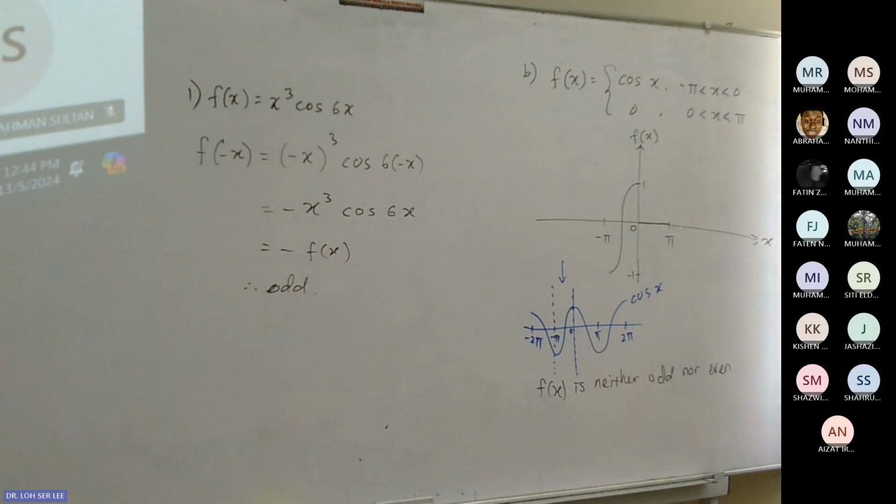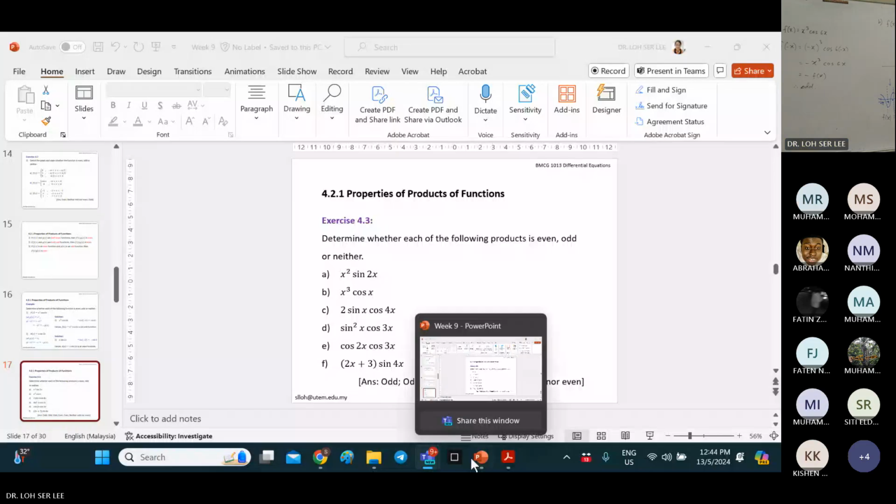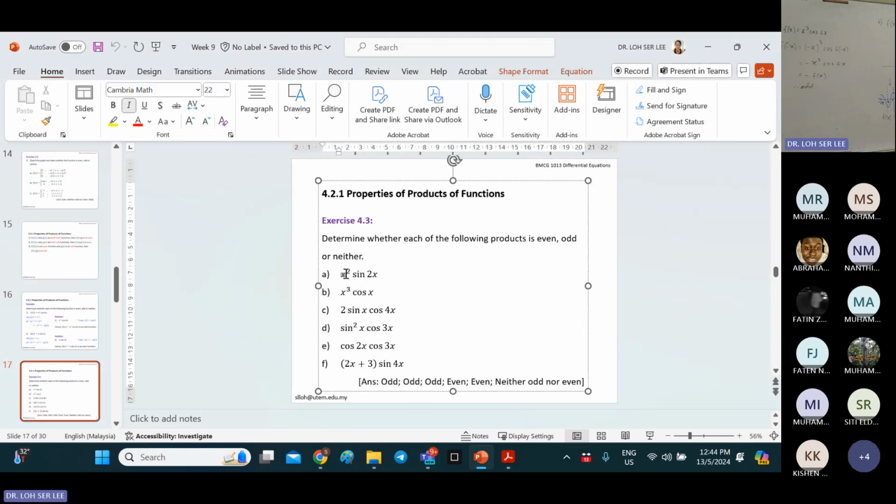Suppose for all these questions you can get the answer by using the f negative x. But here, this is even, right? Square.